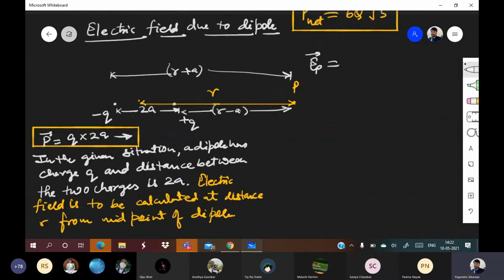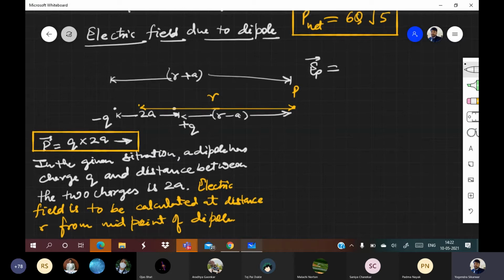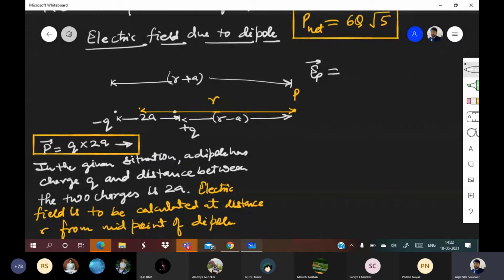So EP is equal to KQ upon (r minus a) whole square minus KQ upon (r plus a) whole square. So basically we are finding electric field due to each charge at point P and then finding the resultant of it.